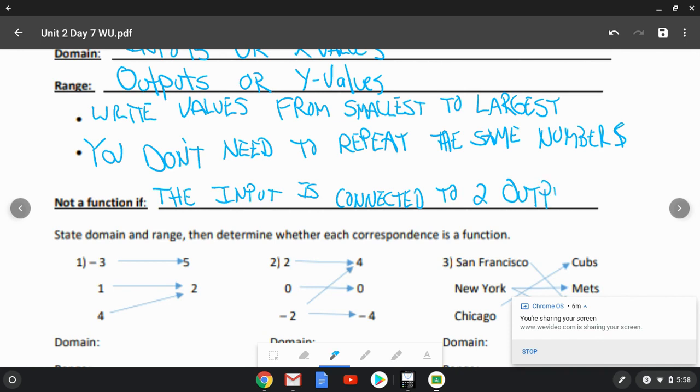An input can only be connected to one output. So the example that I go back to is the vending machine example. If I plug in like A1, there shouldn't be two possible things that would drop from the vending machine. It should be the thing that you want.